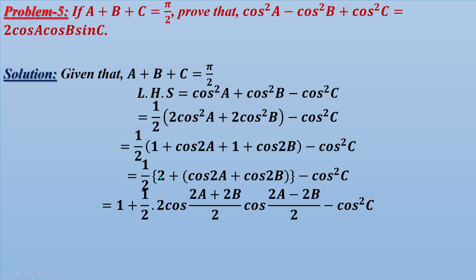Now multiplying half, we get here 1, and here half into 2 cos (A plus B) by 2 cos (A minus B) by 2, and the remaining part fixed.